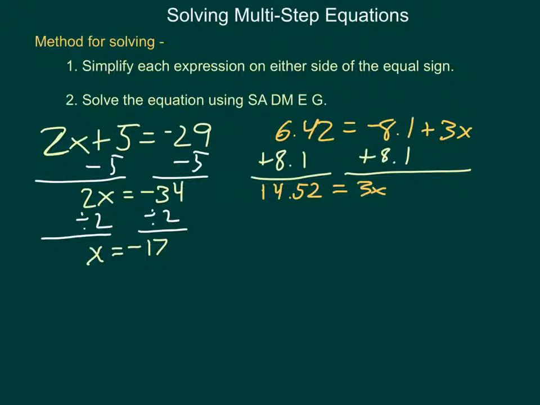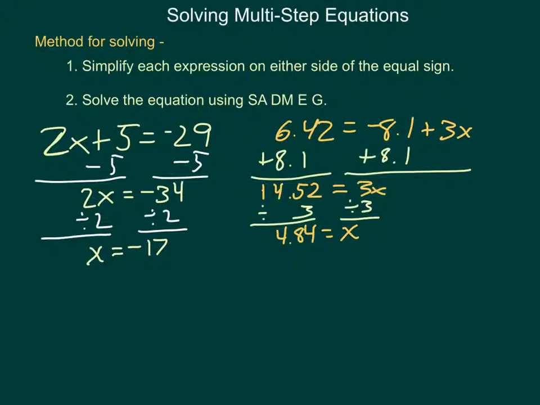Again, our answer is yes. We have 3 times x, so I'm going to divide both sides of my equal sign by 3. And in the end, that's going to tell me that my x variable is equal to 4.84. And if you need, you can run through your long division for that to come out with the same answer.